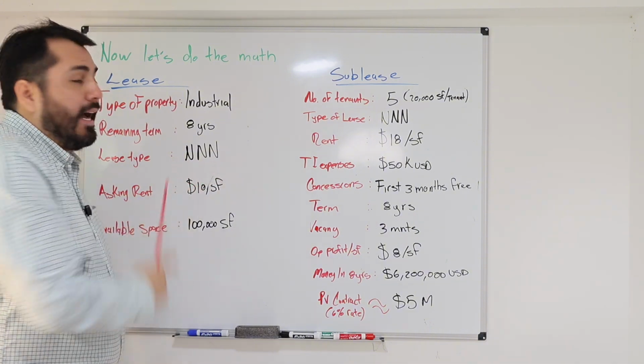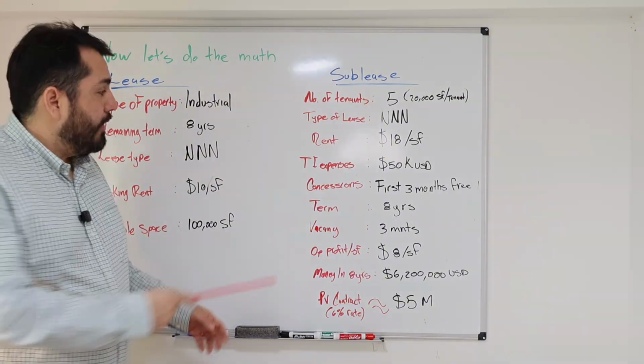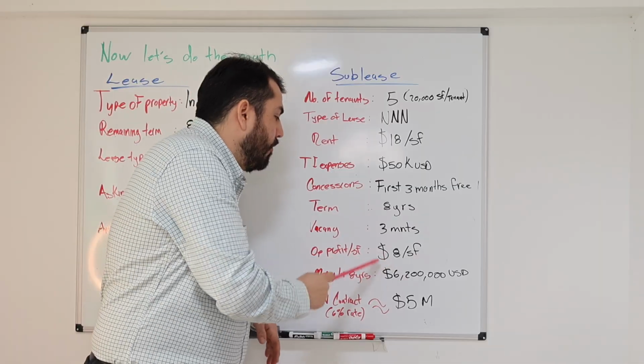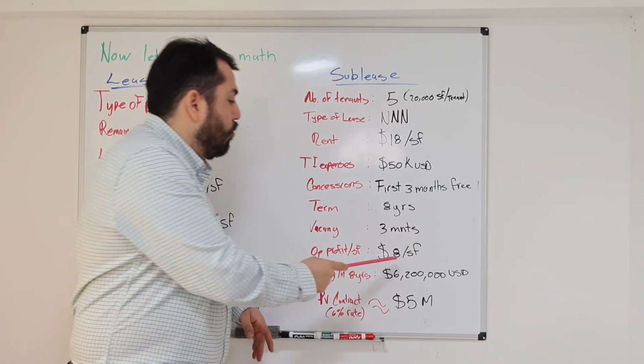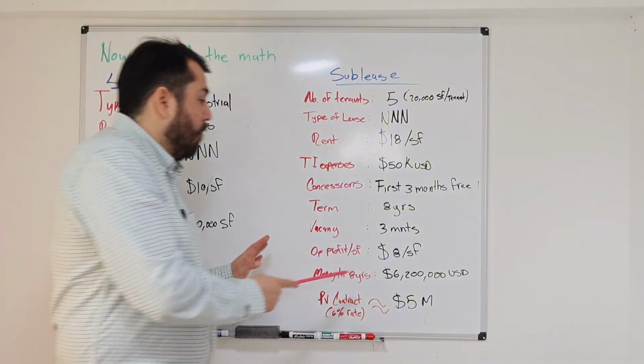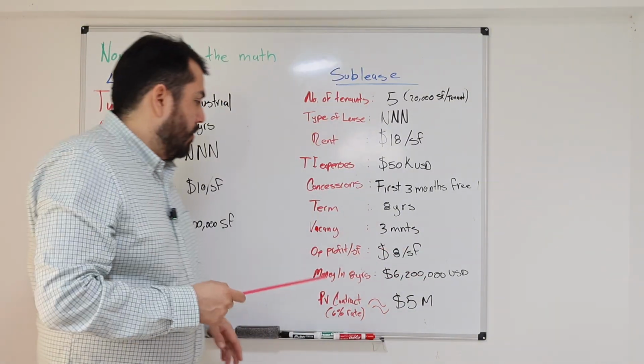Since we have a triple net lease and the tenant is paying for everything, most of this is profit. So we have 8 per square feet profit or operational profit, okay?